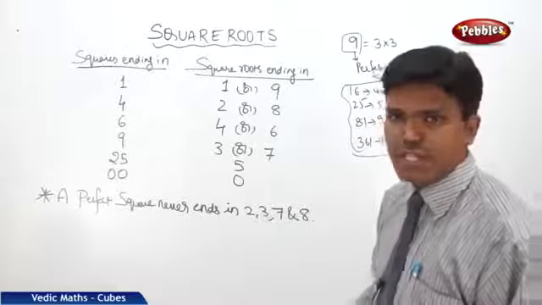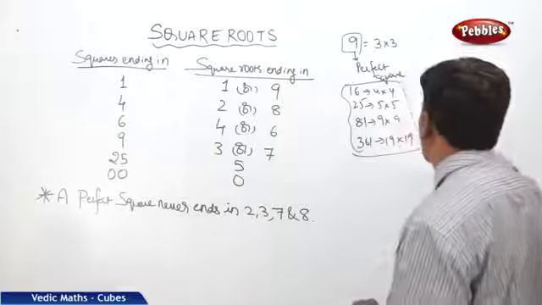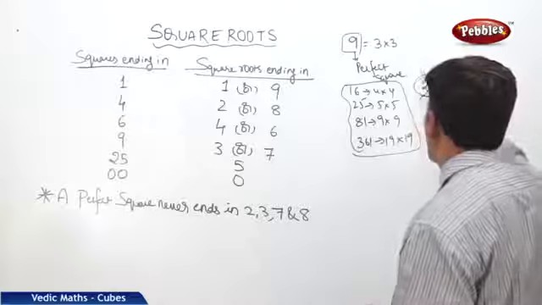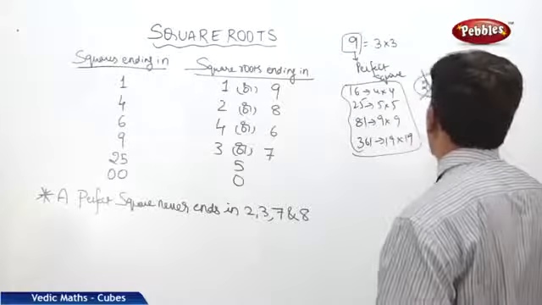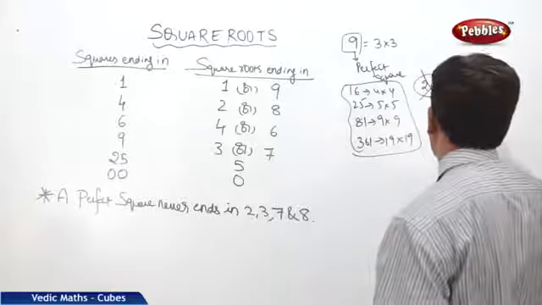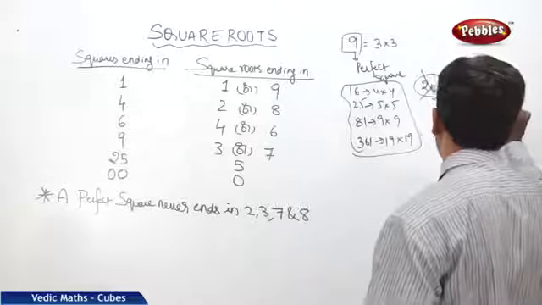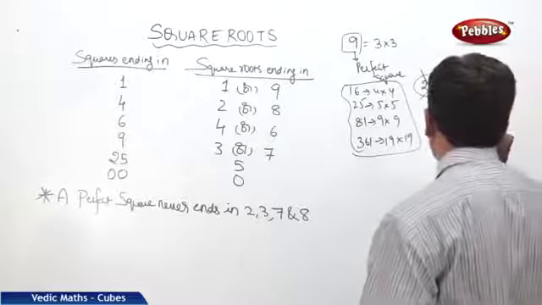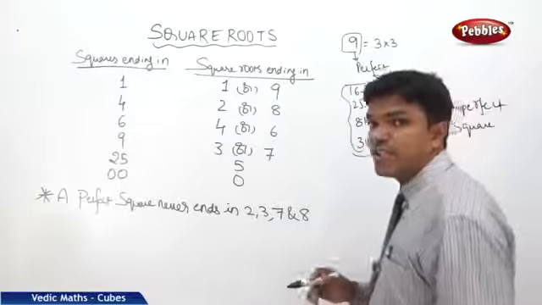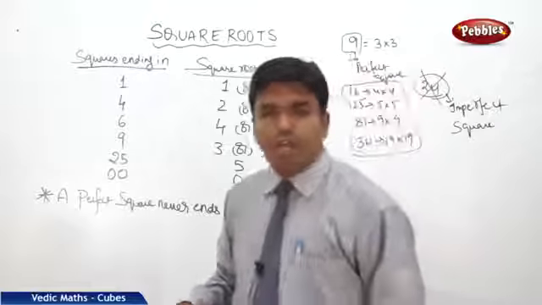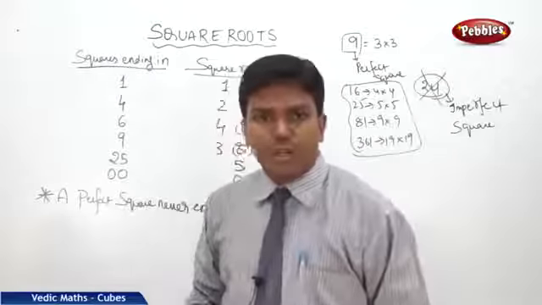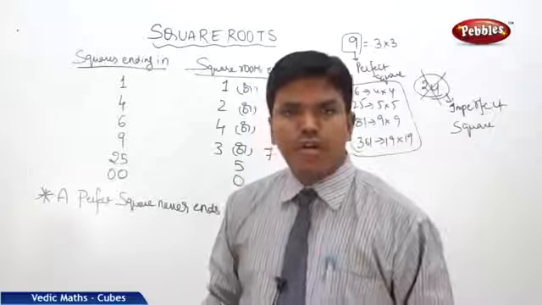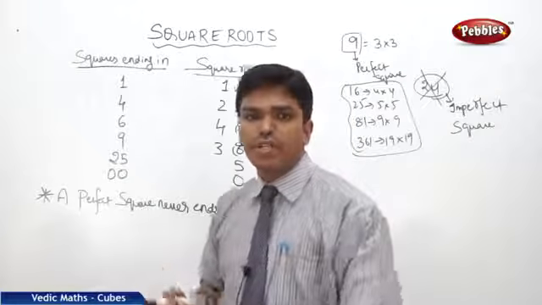No, we cannot write it. So that's why 24 is not a perfect square. It is an imperfect square. Whatever square roots we are dealing with now are only for perfect squares.